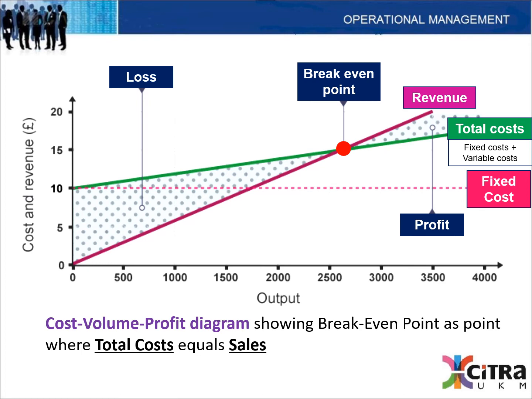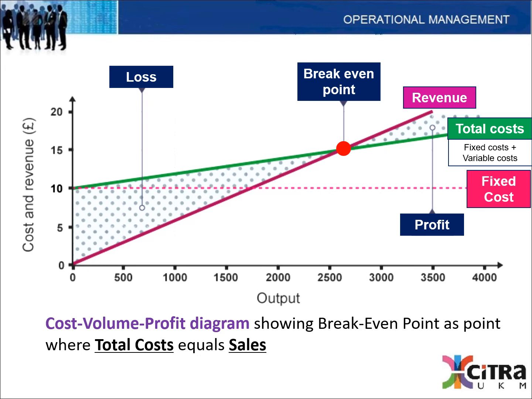The fixed cost, like I mentioned before, is the cost where you pay for storage and your premises, whether or not there is an operation. So you must pay for this. And the variable cost, like I mentioned, is indirect and direct cost.